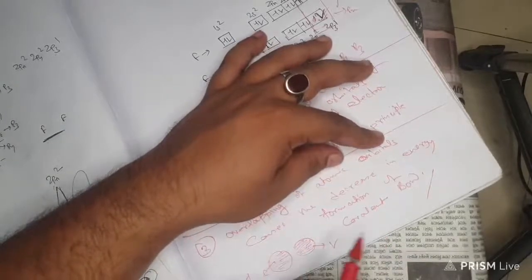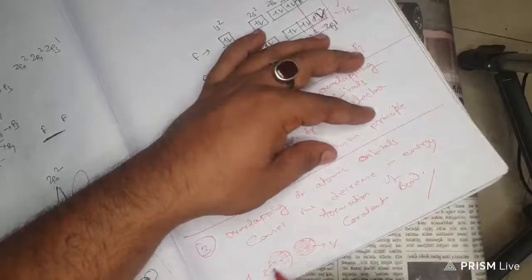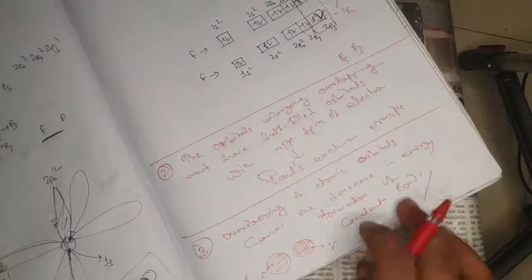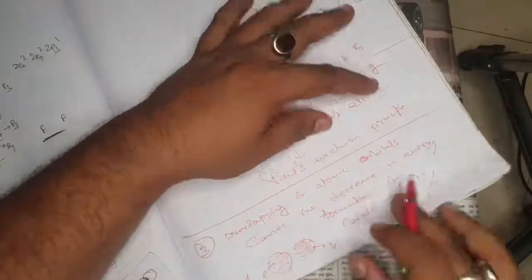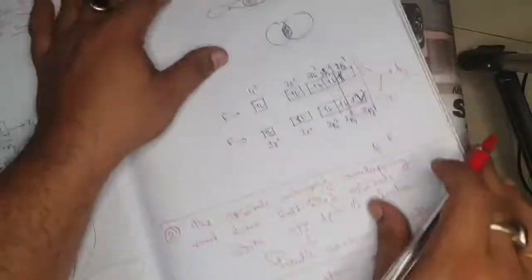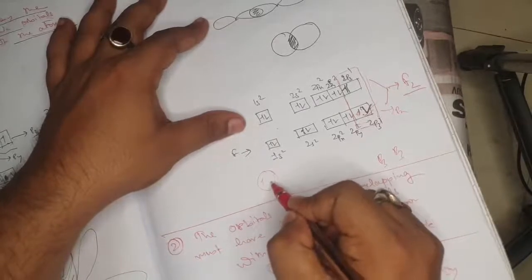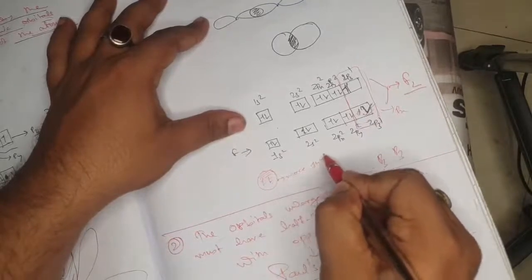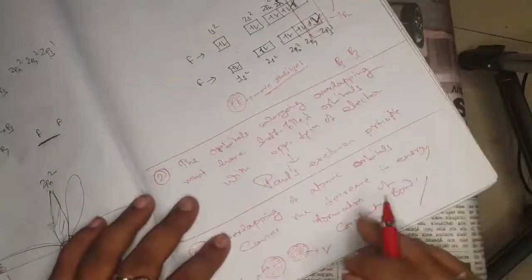Now this orbital space is quantum mechanically such a space where if it has one electron cloud or if it has two opposite electron clouds, then it will be more stabilized. They are more quantum mechanically stabilized. Okay, so that's why overlapping leads to lowering of energy.